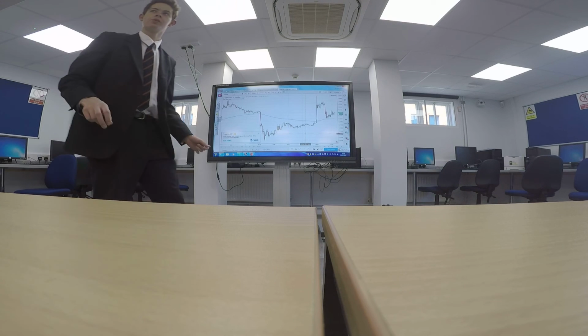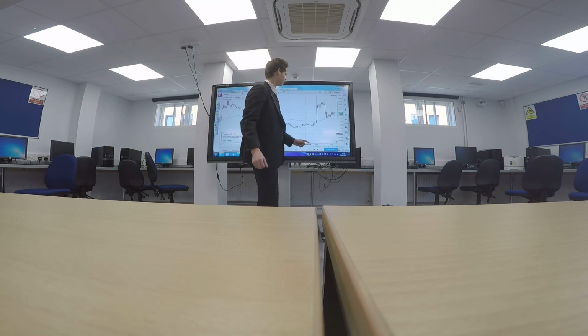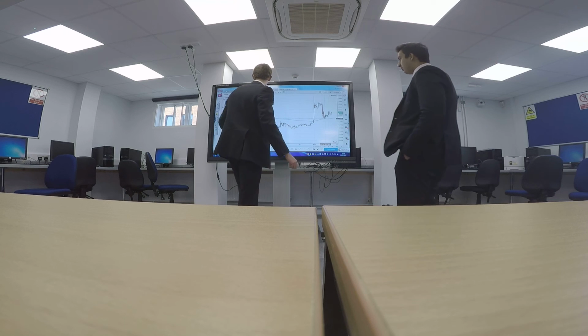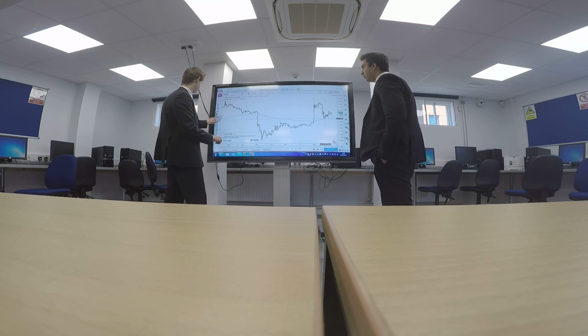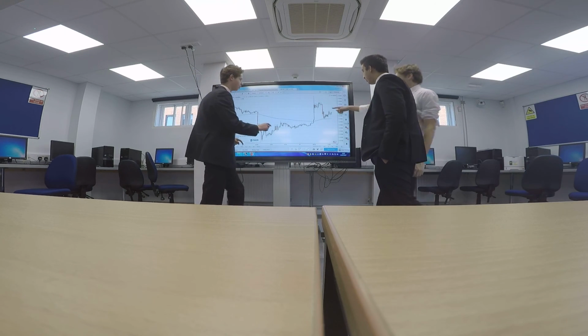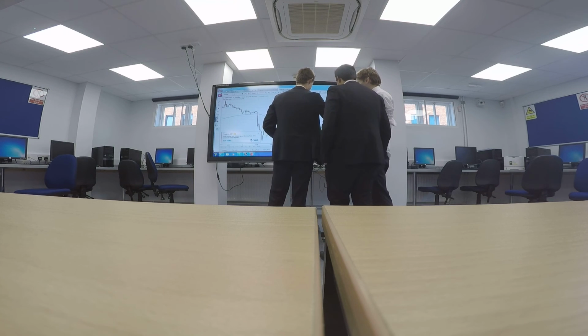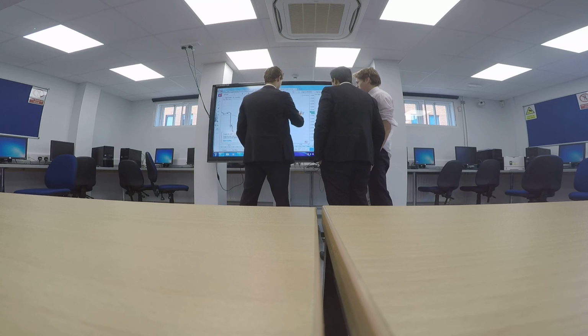Where would your trailing stop be to cut that off? Probably like here. Hold on, I can measure it. Wouldn't it run it there? If you go down to there, and then all the way back up to there, that's your trailing stop.